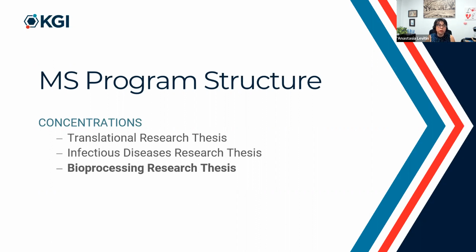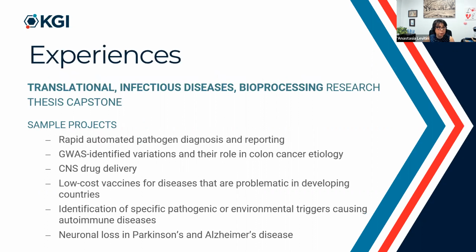So bioprocessing research involves cell line engineering, cell growth, production, purification, viral controls, and so forth, or production of monoclonal antibodies, enzymes, vaccines, cell and gene therapy. So this is what bioprocessing deals with. Again, there's a lot of research going on in bioprocessing that students at KGI can take advantage of.